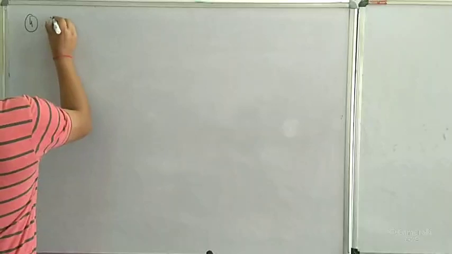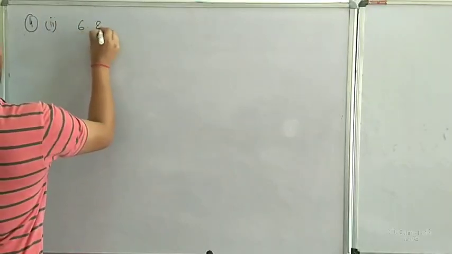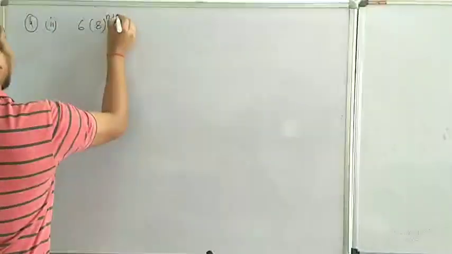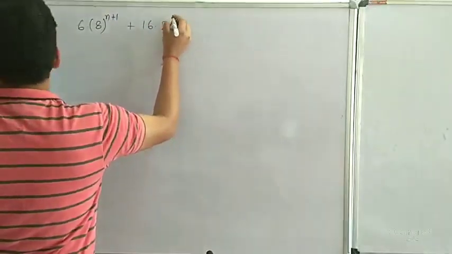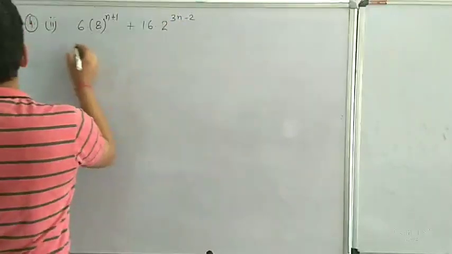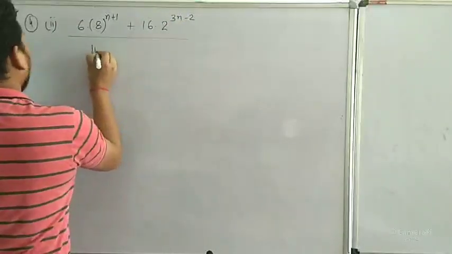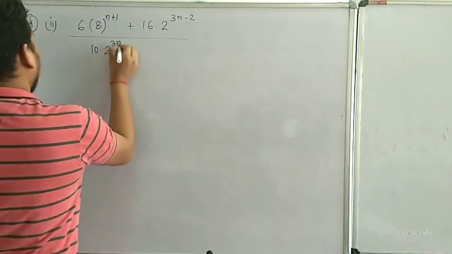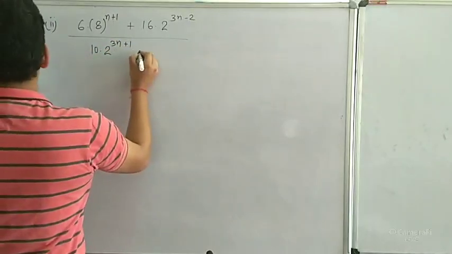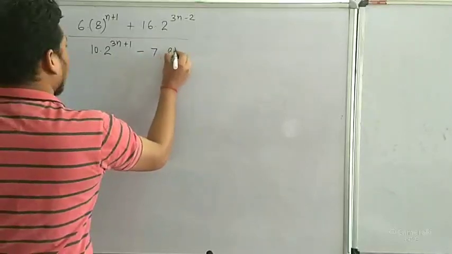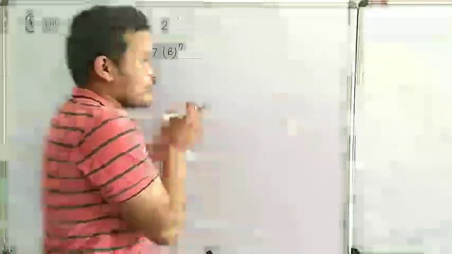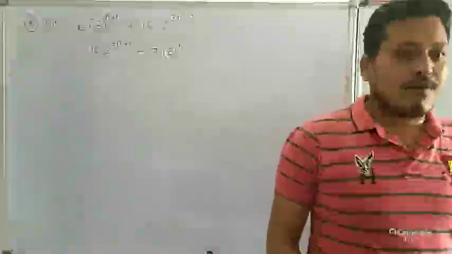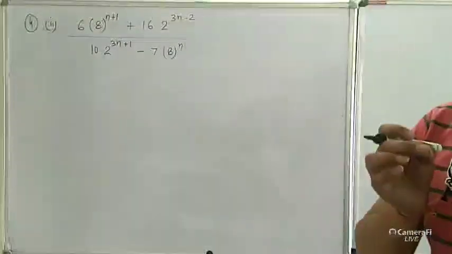Question number 4, second part is 6 into 8 to the power n plus 1 plus 16 into 2 to the power 3n minus 2, upon 10 into 2 to the power 3n plus 1 minus 7 into 8 to the power n. Similarly, we have a simplification over here. Convert this whole question into a simple form.